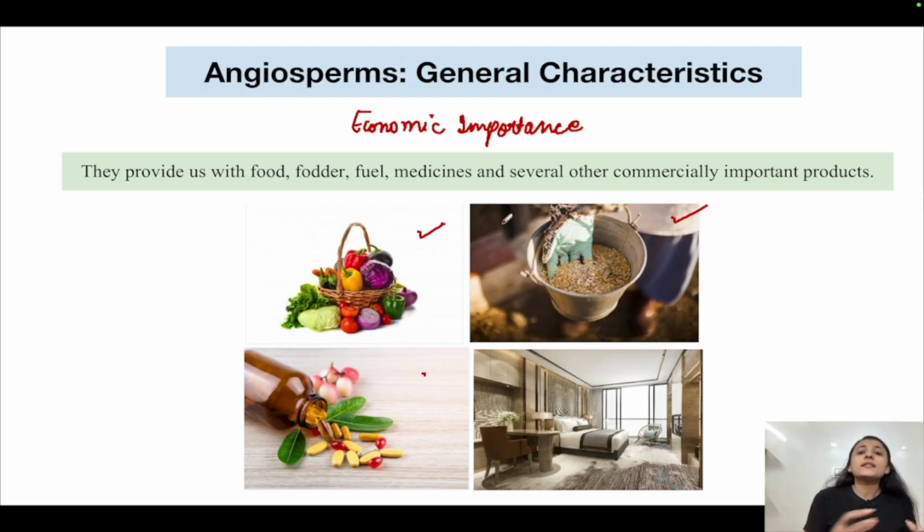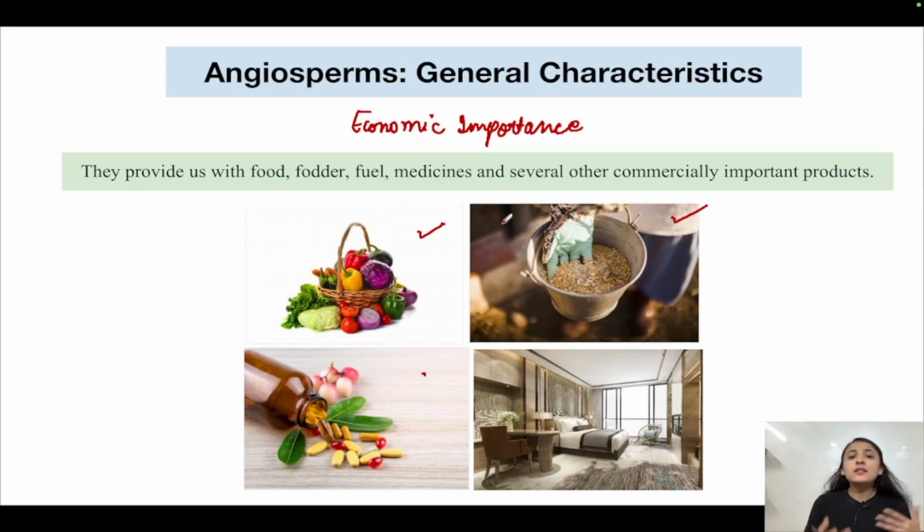In all areas of our life, we extract something or the other from the angiosperms, be it food or fodder. Fodder is the food product which we feed to the livestock, to the cattle. Then we obtain fuel from angiosperms. They are useful in medicines.